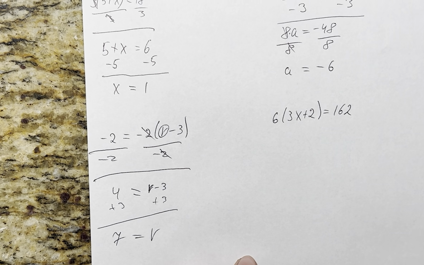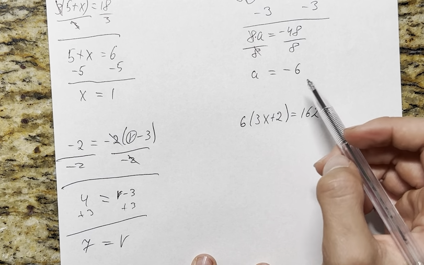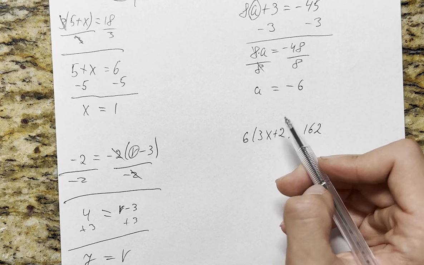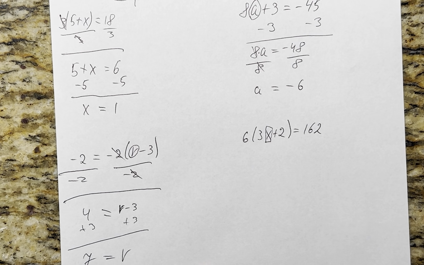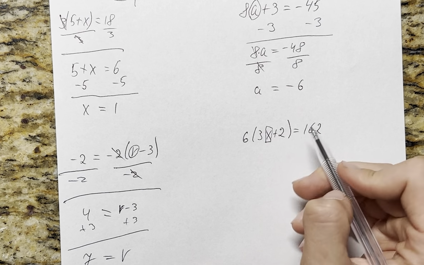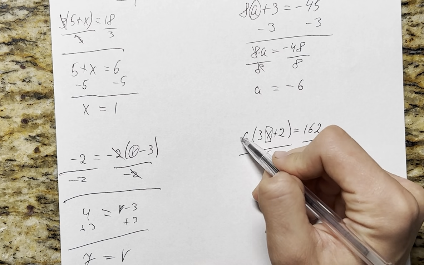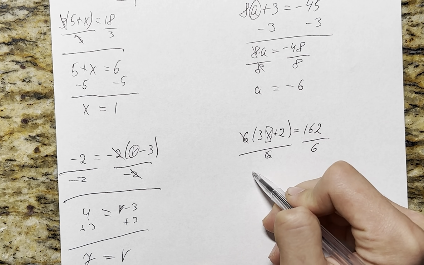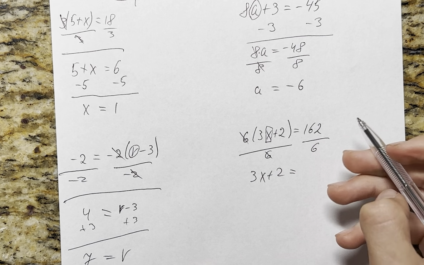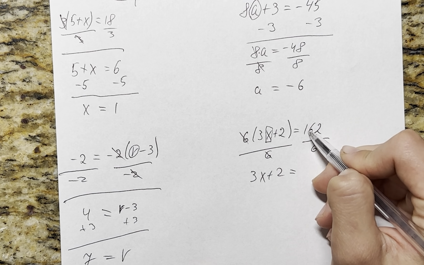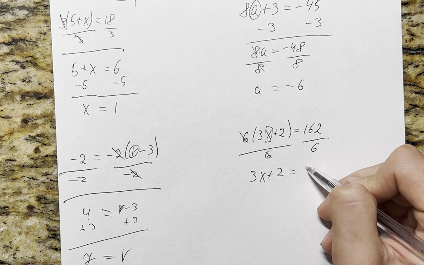Alright, just like in any of those examples, you're trying to leave the variable by itself. First, you have to divide each side by 6 to get rid of this 6. What you'll get is 3x plus 2 equals 27.